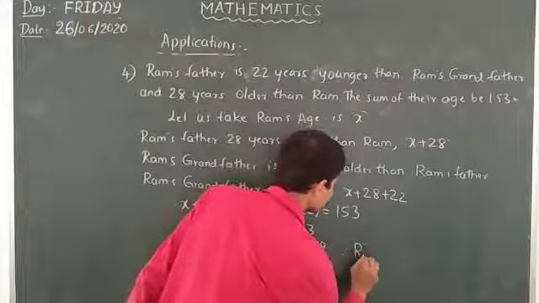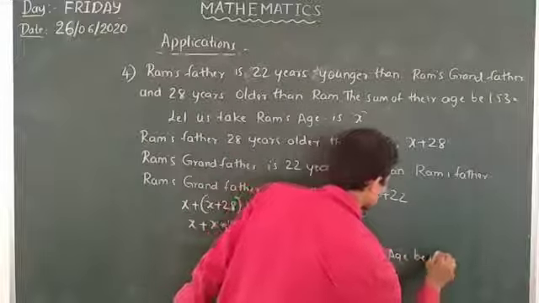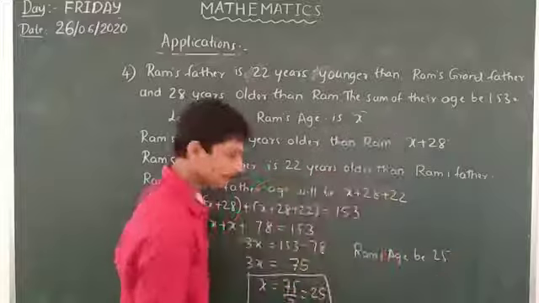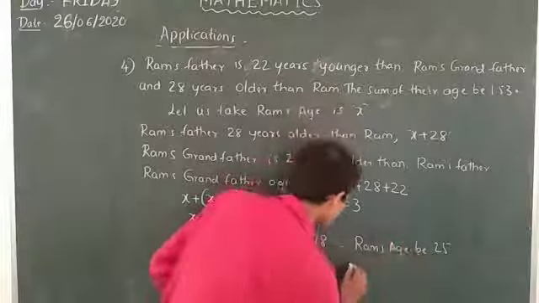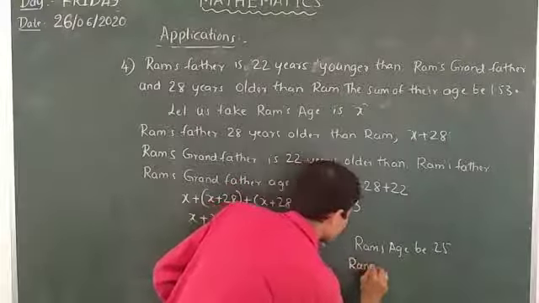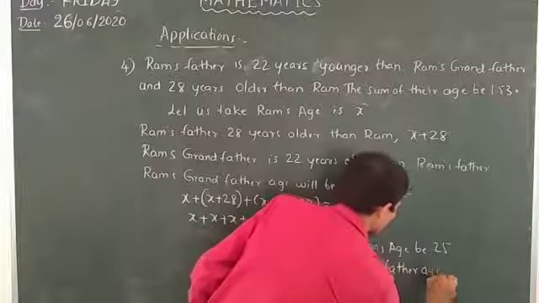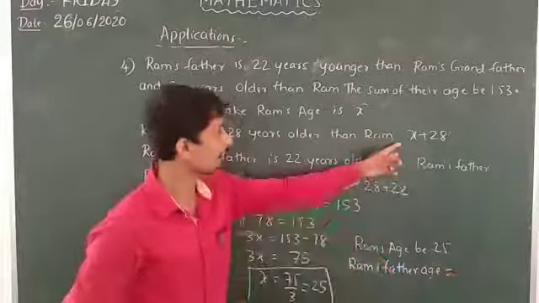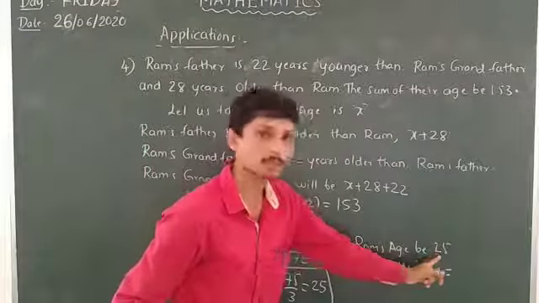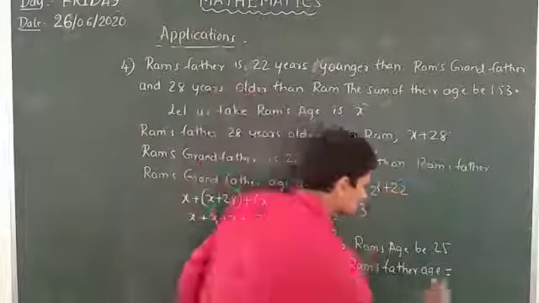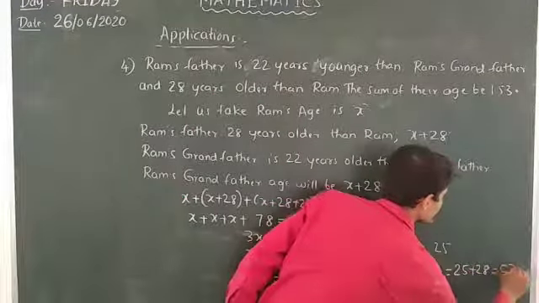Therefore Ram's age is 25 years. Then what is Ram's father's age? It is x plus 28, that means 25 plus 28, which is 53.